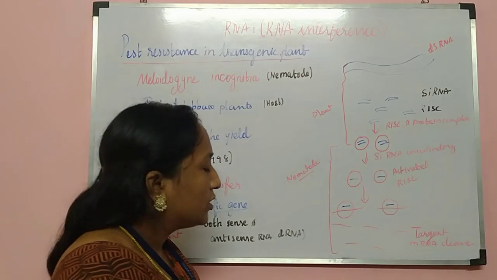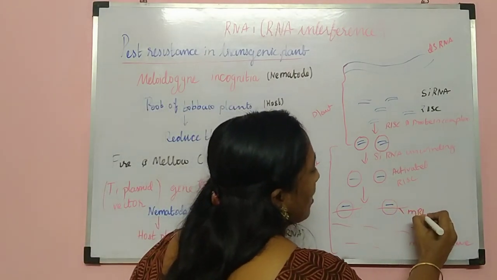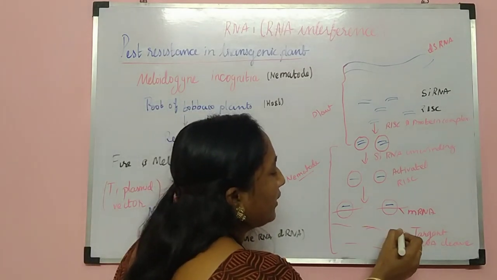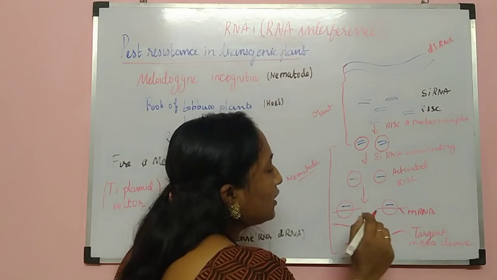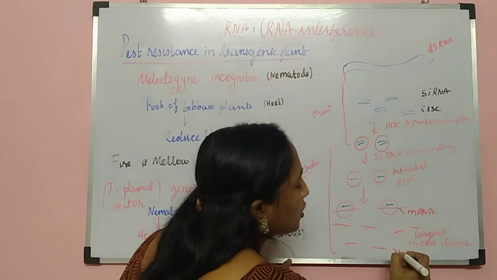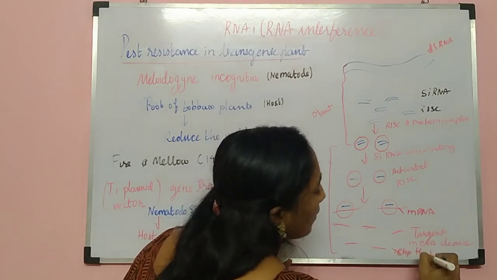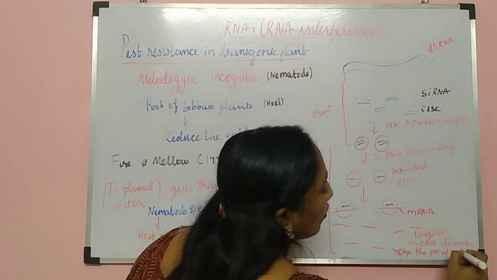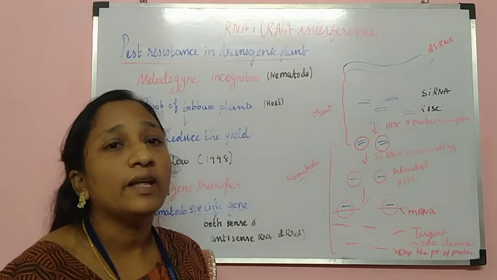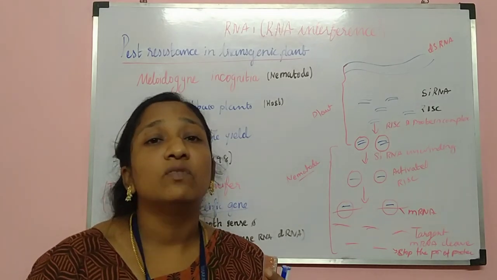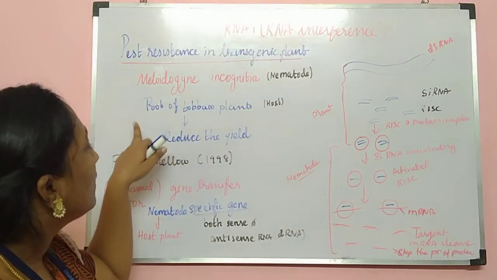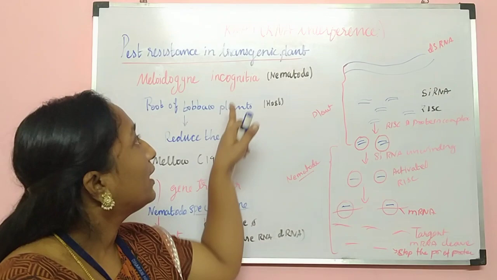It targets the mRNA, cleaves it, and thereby stops the production of protein. If the protein is not produced from the mRNA of the nematode, it can't survive, and it will die. This is the process of making a transgenic plant by introducing the nematode specific gene and using RNA interference.